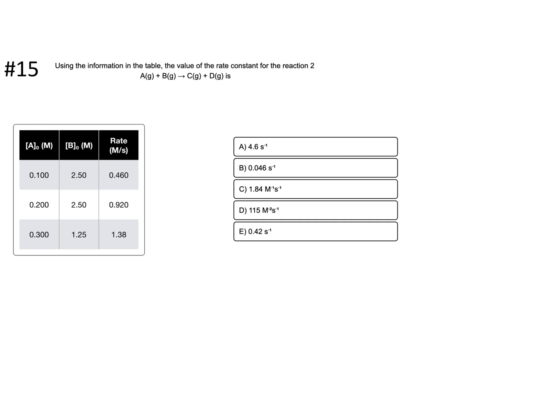So for 15, I'm going to use the first two experiments to find A, and then we're going to use the information here in experiment 1 and 3 to find the impact on B. So first things first, I'm going to find the order of the reaction with respect to A. My larger concentration, 0.2, my smaller concentration, 0.1, raised to the n equals my larger rate is 0.92, my smaller rate is 0.46.